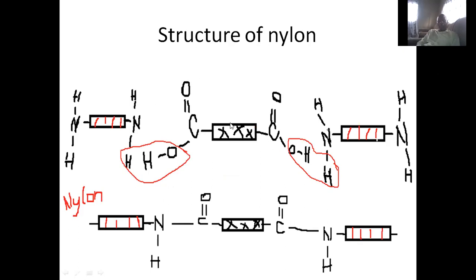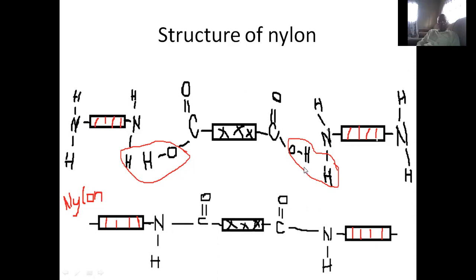You have the amine, the acid, the amine, and the acid in that order, and then for you to form nylon, you have to remove the hydroxy group from the acid and the hydrogen from the amine.